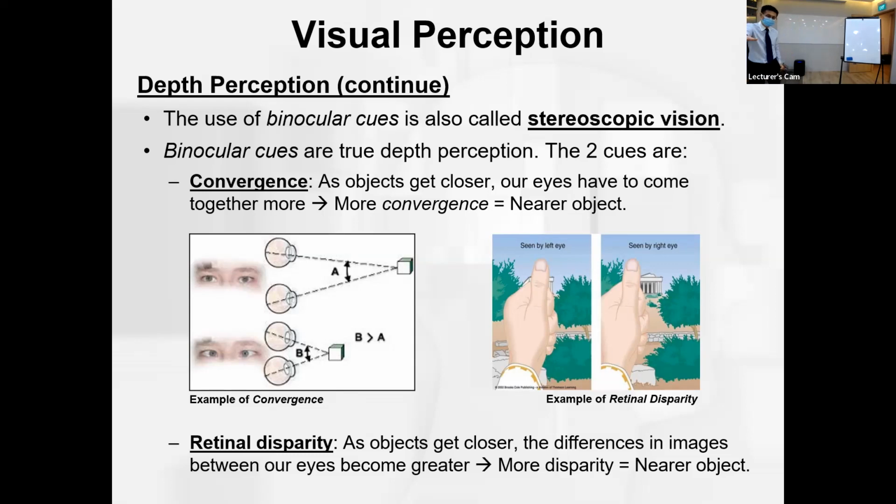So you can reach out for your glass of water. When people throw a marker at you, you can catch it in midair, provided you are a bit trained, and of course depending on how fast it's flying, right? So all these are actually retinal disparity. The greater the disparity, meaning the greater the discrepancy in the images, the more the superimposition, the more the Photoshopping, the closer it is to you.